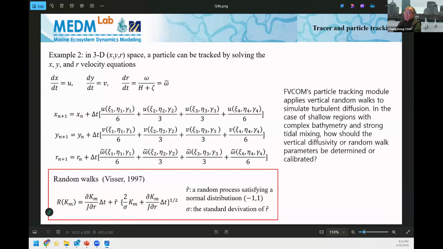So the question that comes out is, this is not a true water exchange. You only show how the water moves, the particle tracer movement. You didn't show the mixing because it can be mixed, right? That's why people think we should consider some turbulence in the particle tracking. That's the reason for including random walk.